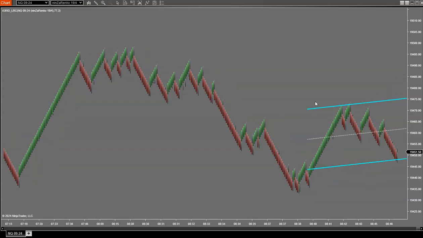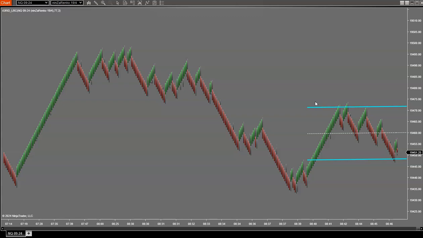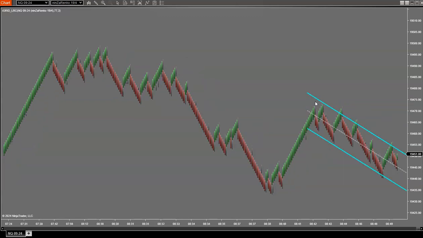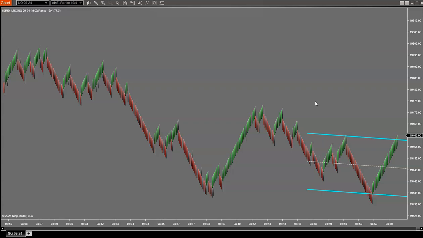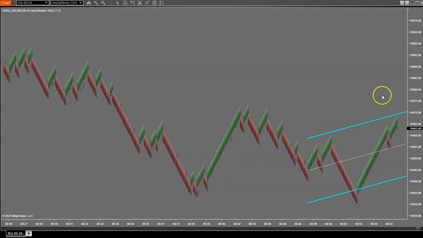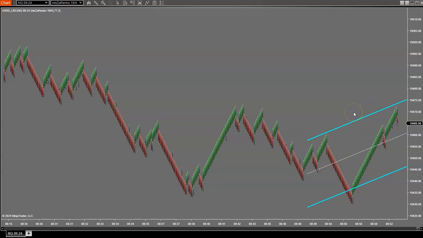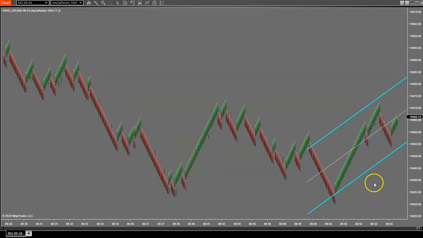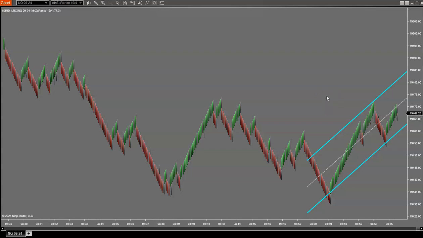But I wanted you to see the visualization of what the horizontal channel lines do and how they could be utilized to look for tilt angle upward or downward to trigger into trades, and the collapsing of the distance between the two.